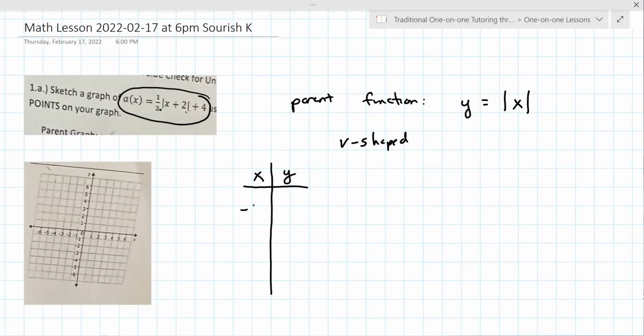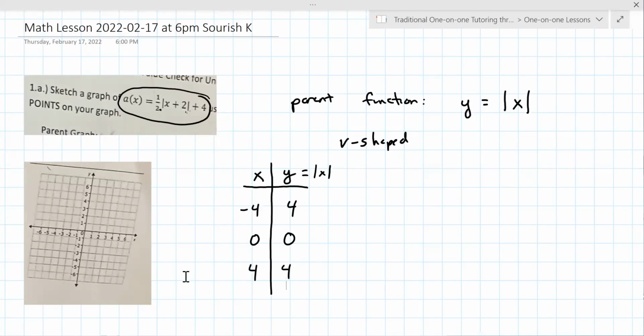Let's go -4, 0, and 4. Okay, so y is the absolute value of x. You have to take the absolute value of this number, which makes it +4. This makes it 0. And then the positive number stays positive.